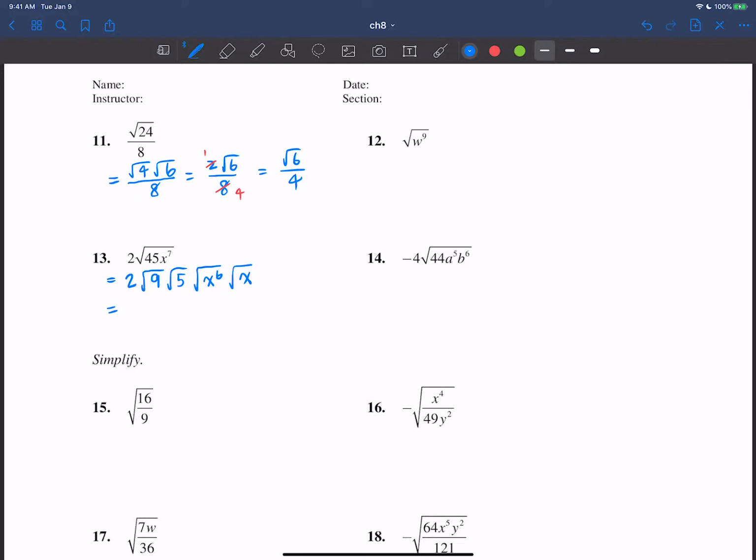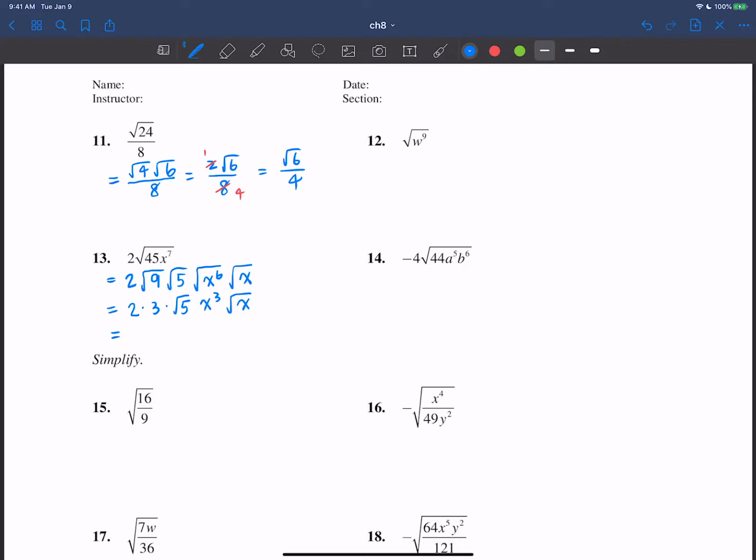Now let's simplify. 2 is just 2. Radical 9 is 3. Square root of 5 is still square root of 5. Radical x to the 6th, as we did before, x to the 6th is the same as x cubed and then squared. So you simply divide the exponent by 2 and get rid of the radical sign. It's x cubed. Finally, followed by radical x. Because it's not a perfect square, you cannot take it out.